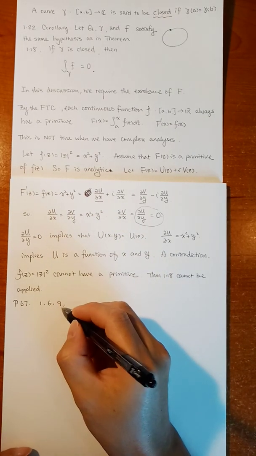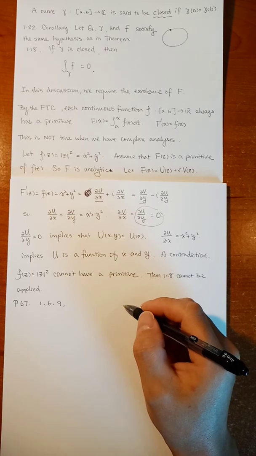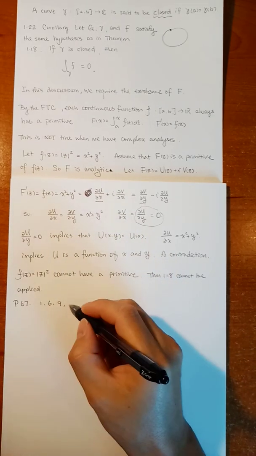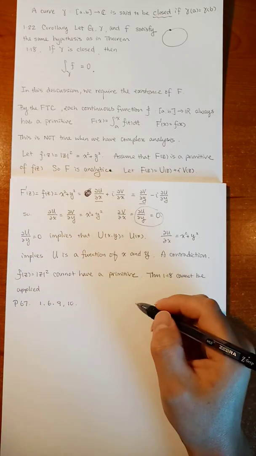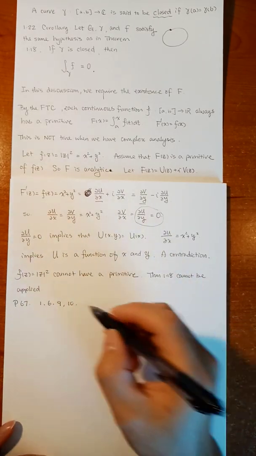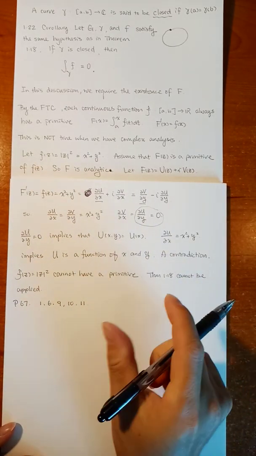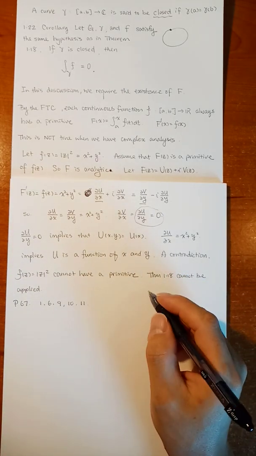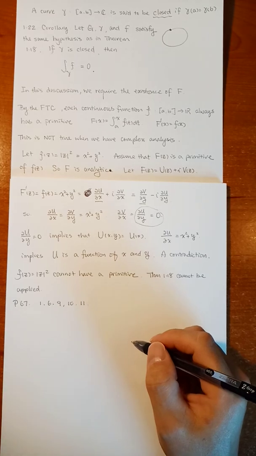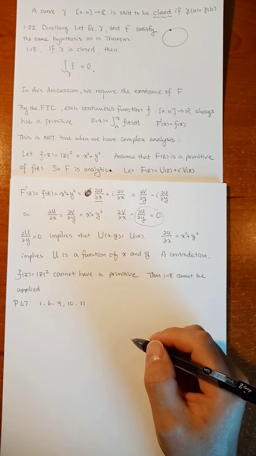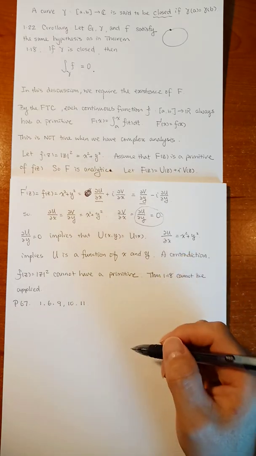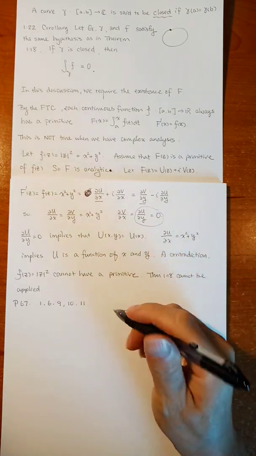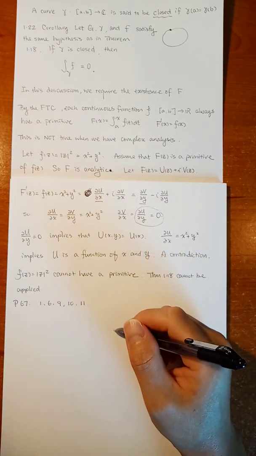Exercise 9. 9 is just computation. 9 is okay. 10 is also computation. You can directly compute. And 11, you just do the integral along each side of the polygon. Along one side, you can use a substitution. You plug in the formula of the segment. You integrate along the parameter.